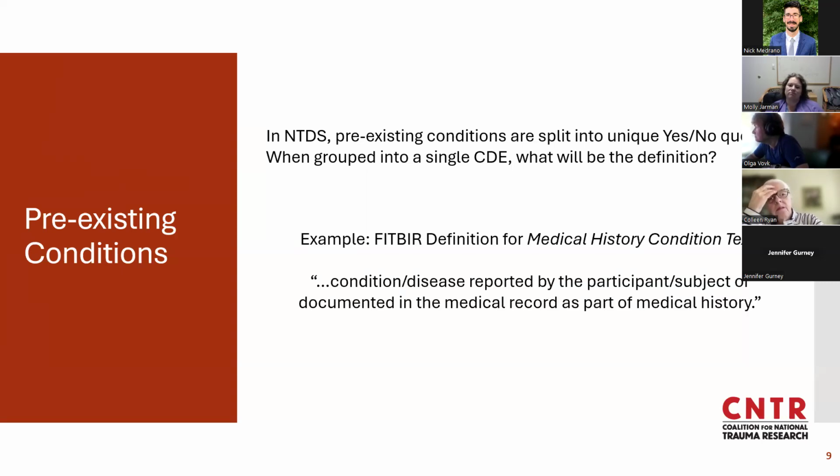To give you an example, this was the other option for this element on the Delphi, the FITBR definition for medical history condition text, which essentially states the condition or disease reported by the participant or subject or documented in the medical record as part of medical history. So, do we want to use that boilerplate, but just change it up for pre-existing conditions reported by the participant?